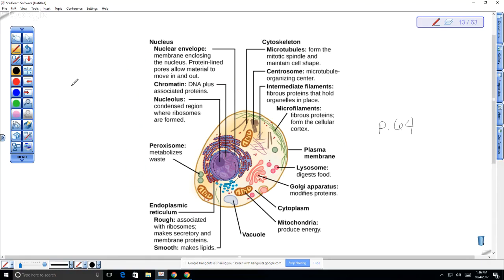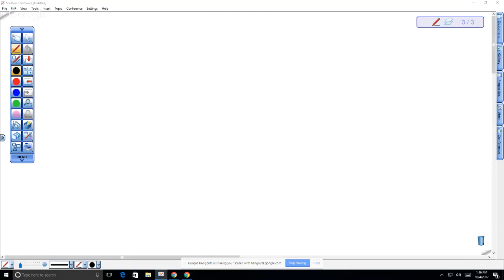Okay. So if we look at these other structures in here, you can see there's other structures that are membrane bound. And so that's what we're going to look at, those membrane bound structures. So let's look at the endoplasmic reticulum.